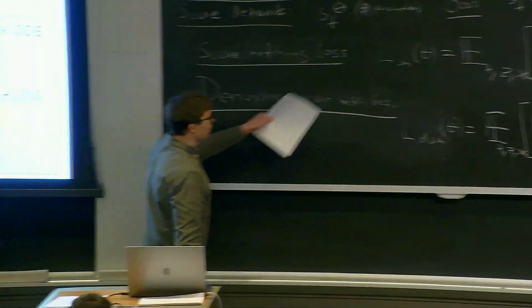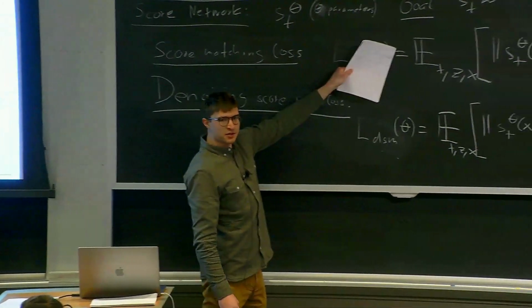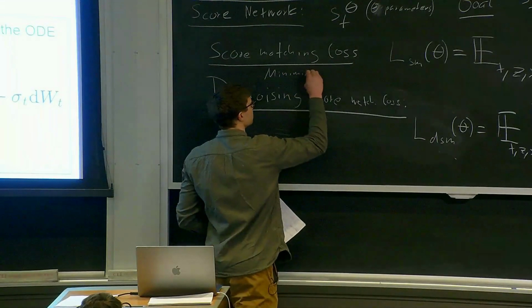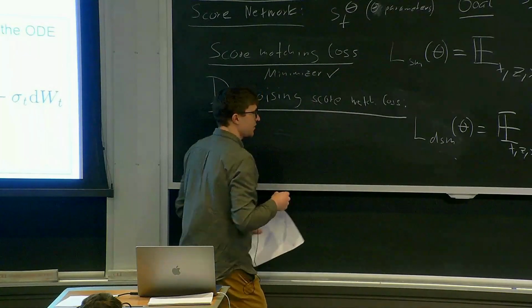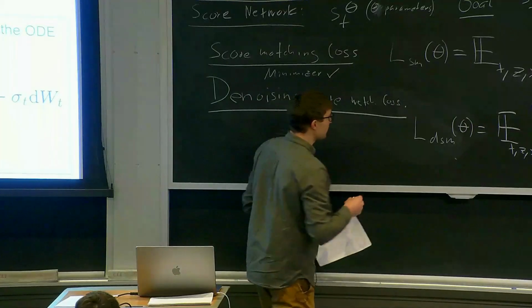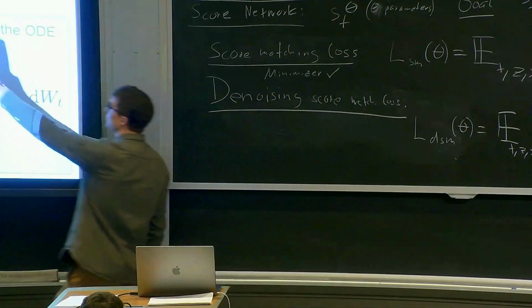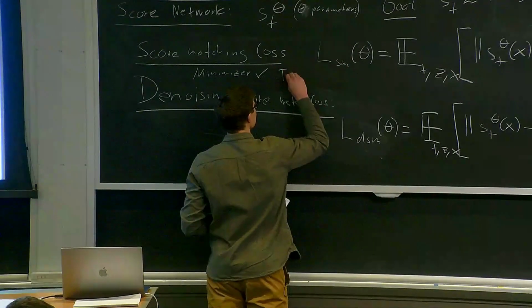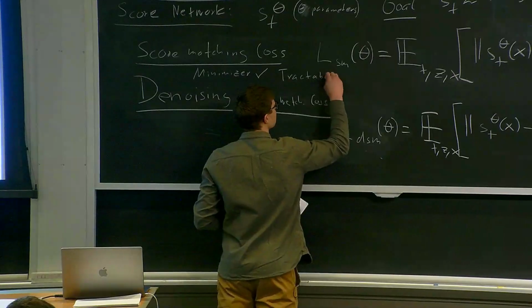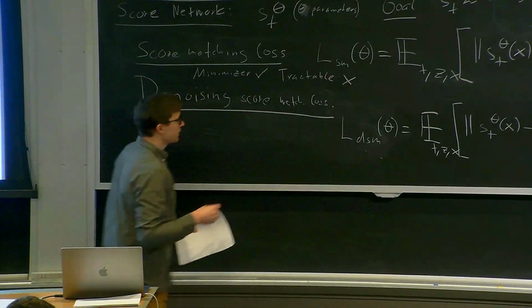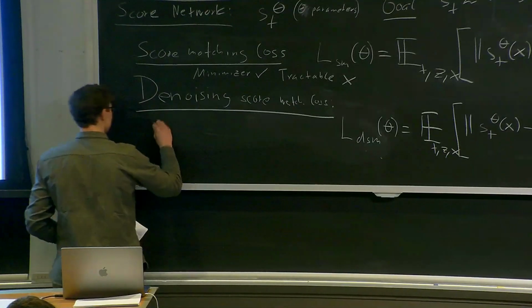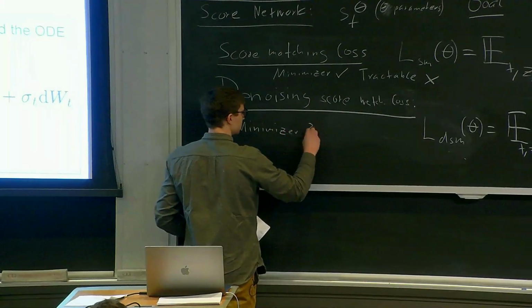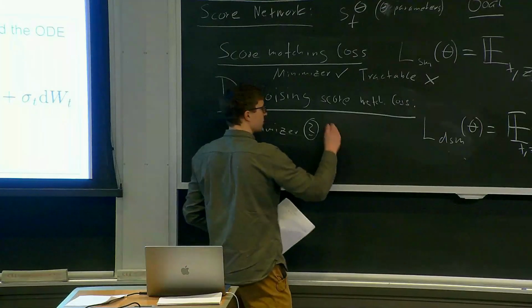So a priori, the minimizer of the score matching loss is good. It's the marginal score. Is it tractable? No, it's not, because computing this integral is very hard. What's the minimizer of this other object? In the same way as before, at least a priori, we wouldn't know. But it's tractable.